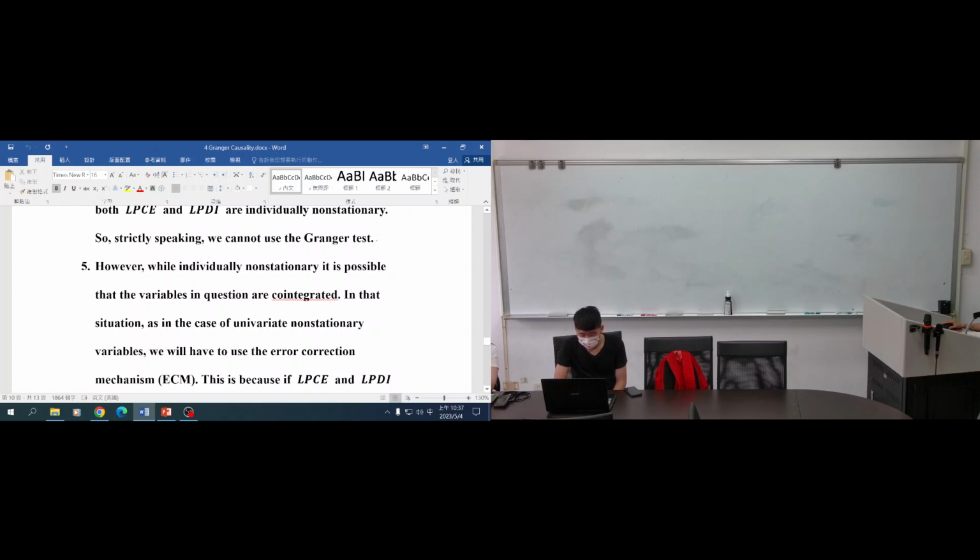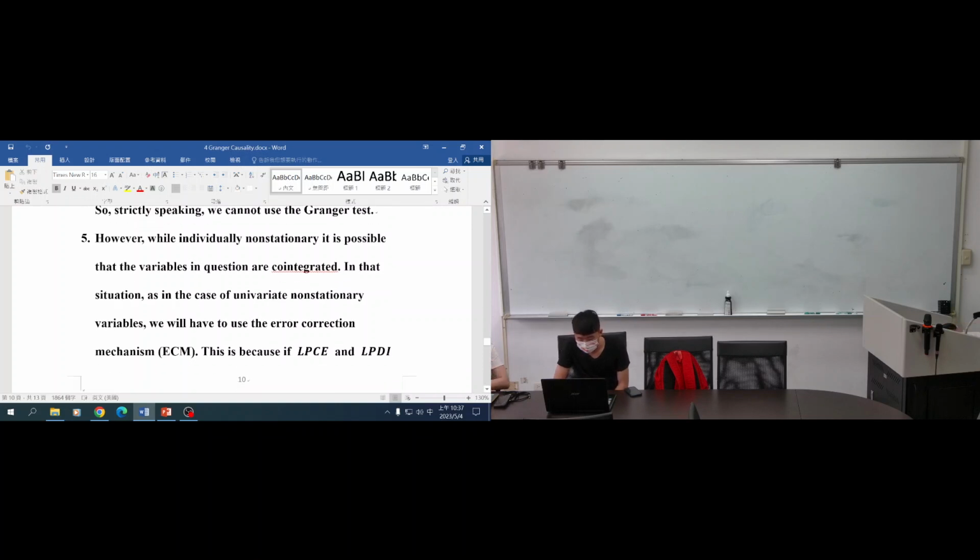If it is possible, I also like to cover all these models. This continues my co-integration concept. However, while individual variables may be non-stationary, it is possible that the variables in question are co-integrated. In that situation, as in the case of univariate non-stationary variables, we will have to use the error correction mechanism.